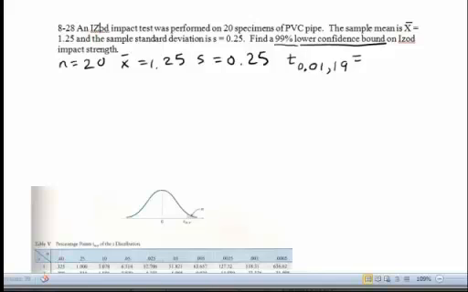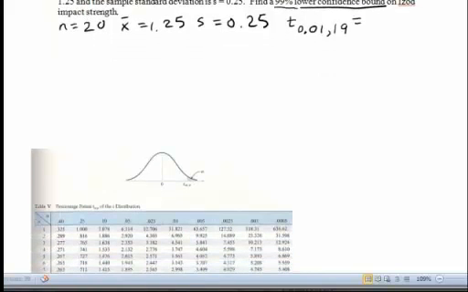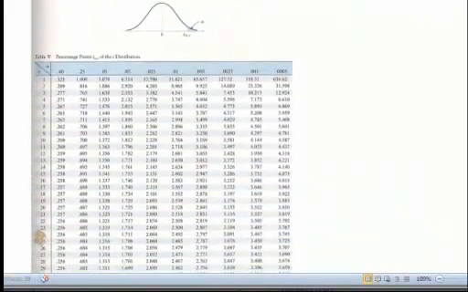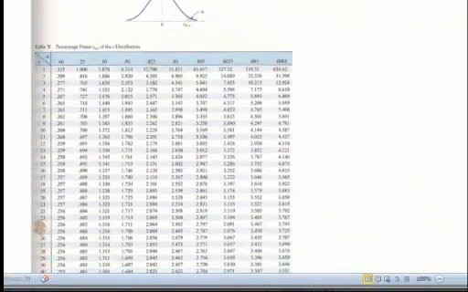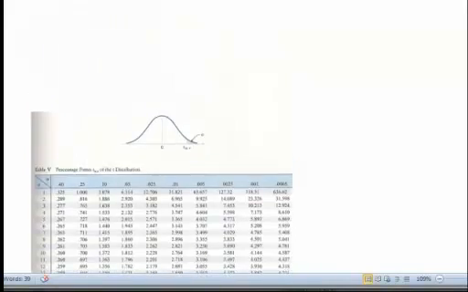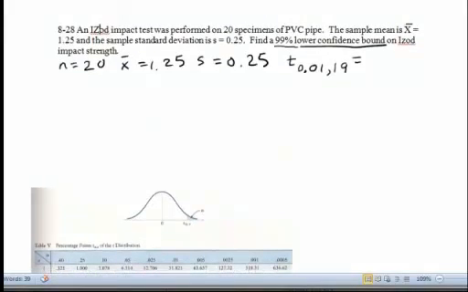So if you go down, let's go look at 0.01 and 19. So we're looking at 0.01 with 19 degrees of freedom, and we should have 2.539. So we'll go back up here, and we'll say that this is actually 2.539.